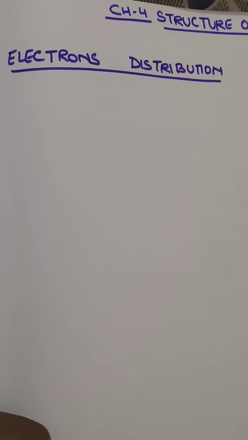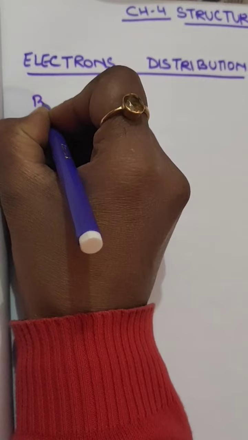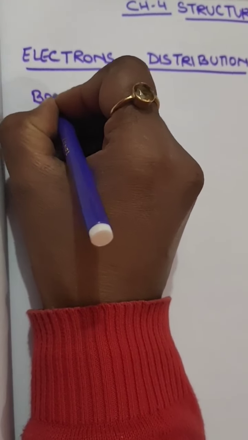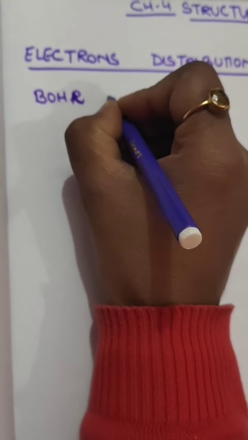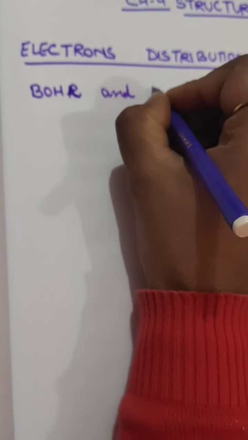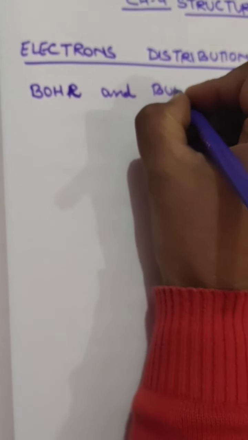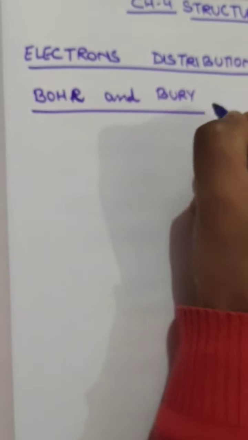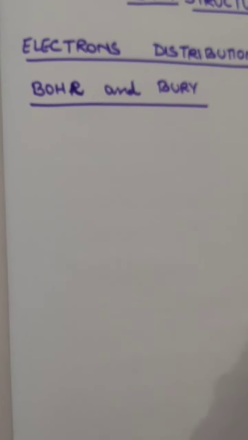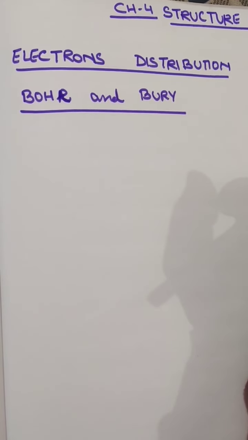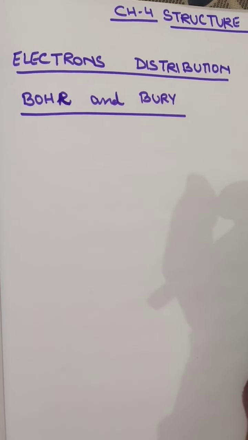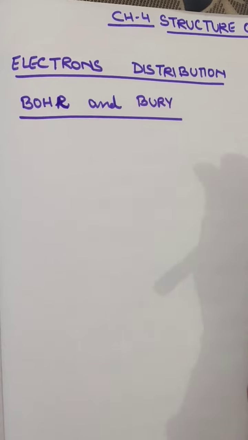According to Bohr and Bury, they gave the distribution of electrons into different orbits, and they suggested that the following rules are followed in the distribution of electrons.